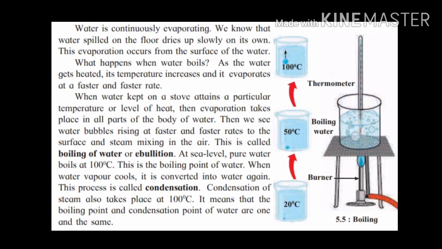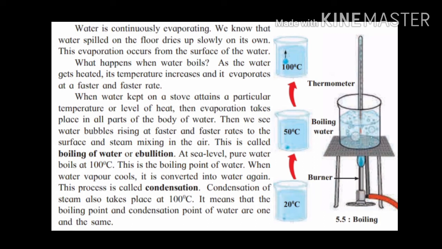When water vapor cools, it is converted into water again. When the water vapor is cooled, it again gets converted into liquid. That is, the gaseous state is converted into liquid. To see an easy example, when you are boiling water on a stove and it is covered with a lid, some of the steam is attached to the surface of the plate.